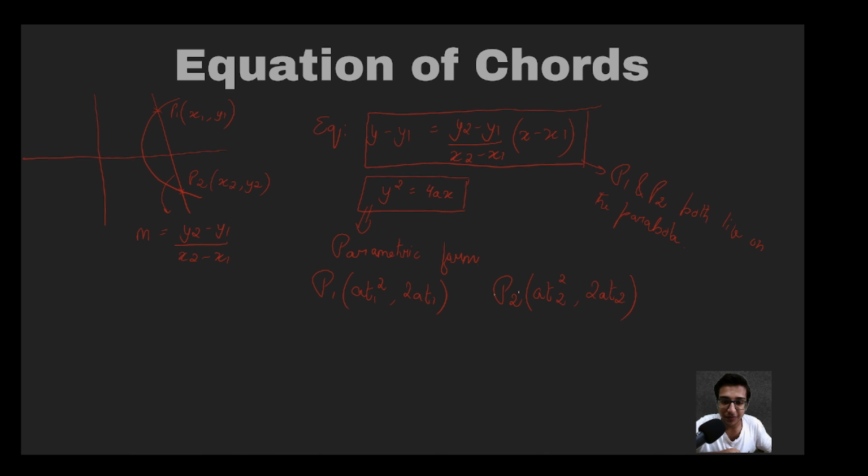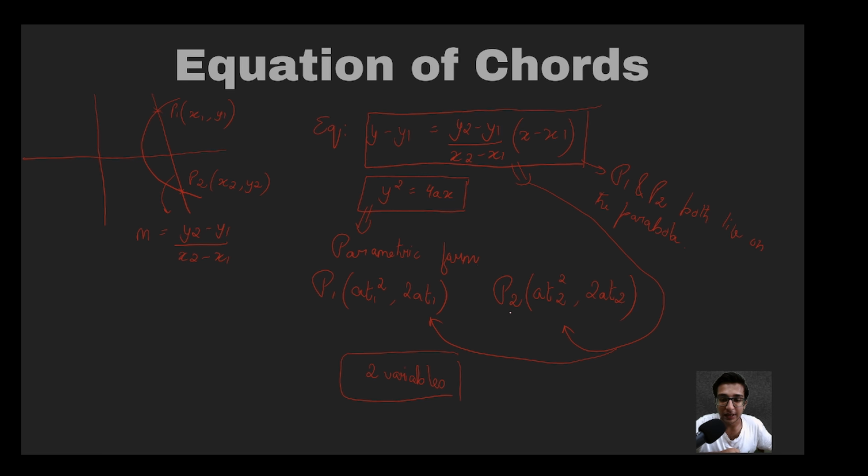Now if I write down the equation of the chord using these 2 coordinates, we would have only 2 variables, which is t1 and t2. So we would be required to have 2 other equations so that we can find out what exactly are the points and the exact equation of the chord. So that is what we are trying to find out here.